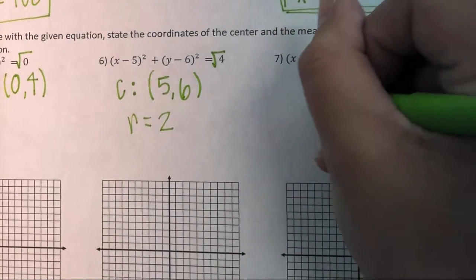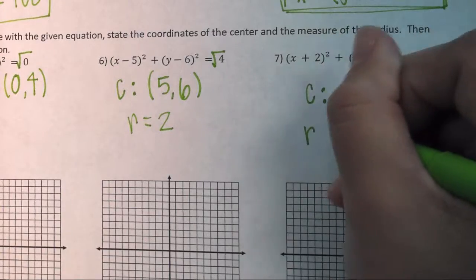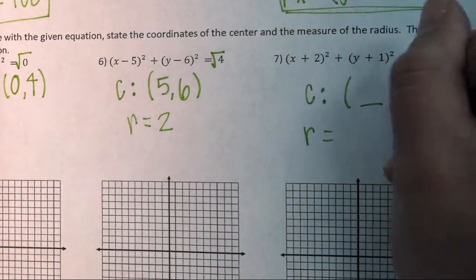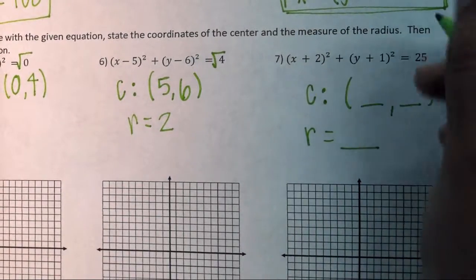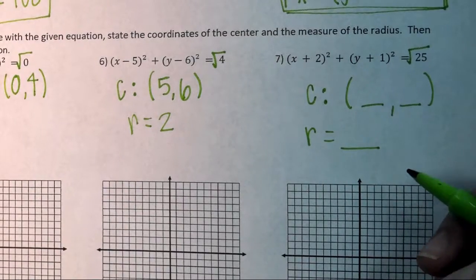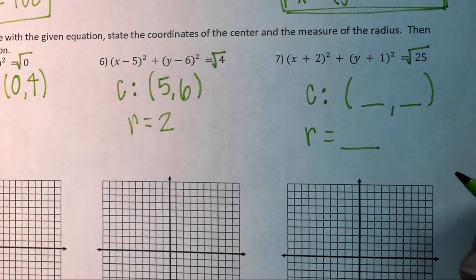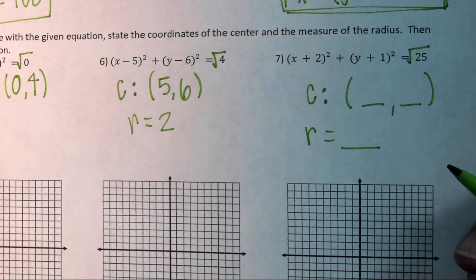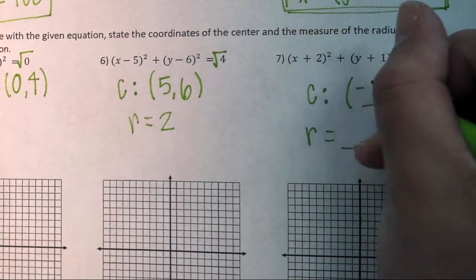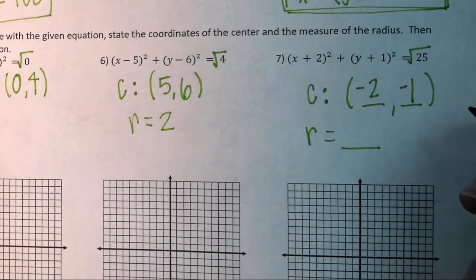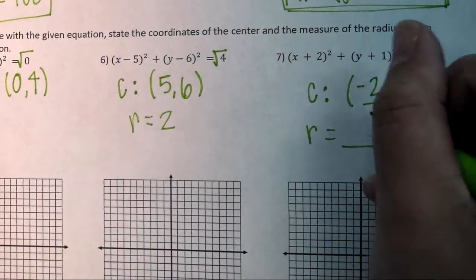Try 7. What'd you get, Lexi? Good. Harrison, what's the radius? 5. Yep.